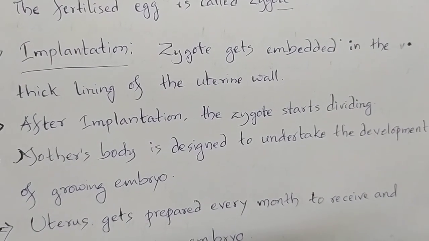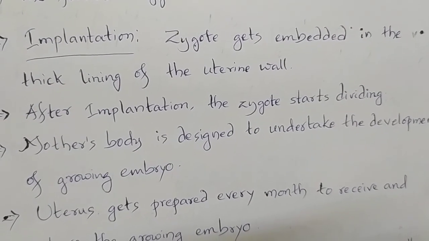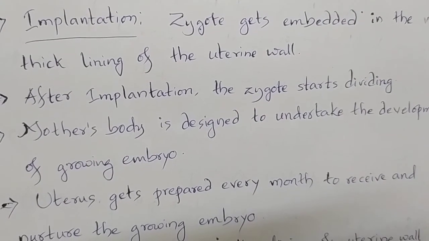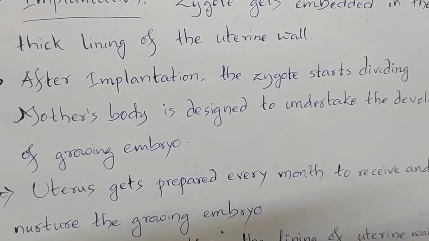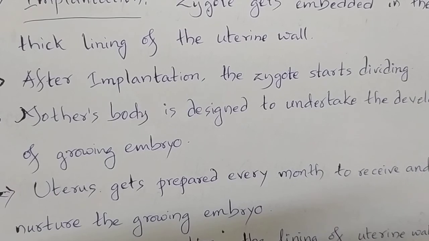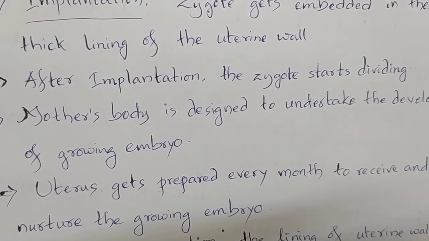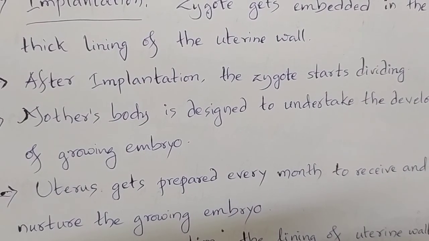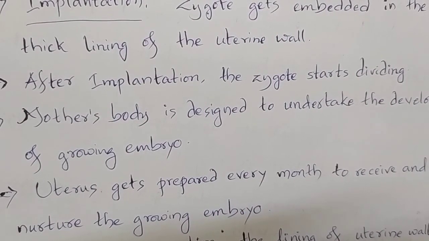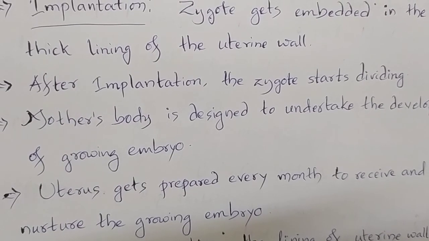The uterus gets prepared every month to receive the fertilized egg and to nurture the growing embryo.